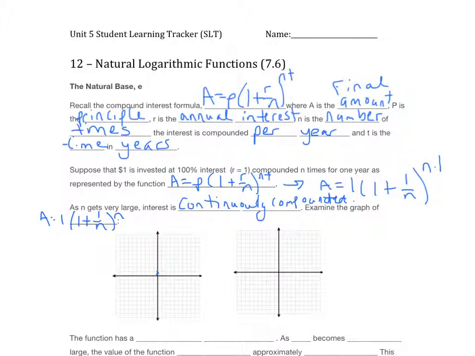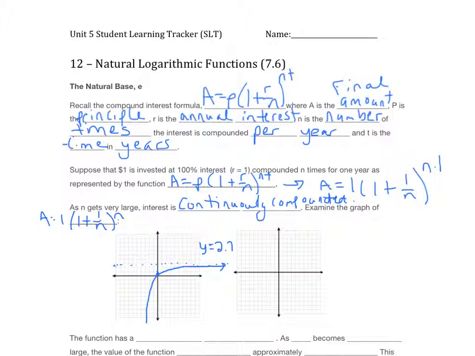And then right about 2.7, our graph is going to taper off. It's just going to come right up and hug along this line at y equals 2.71 and on and on. No matter how big our number for n gets, it approaches 2.7.